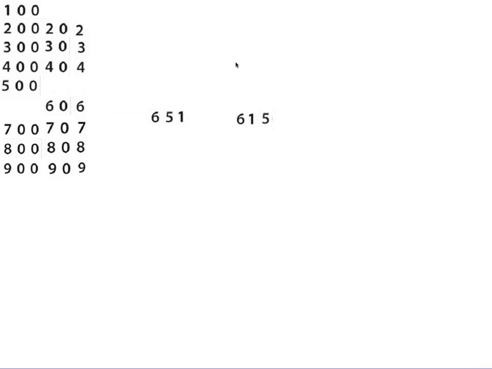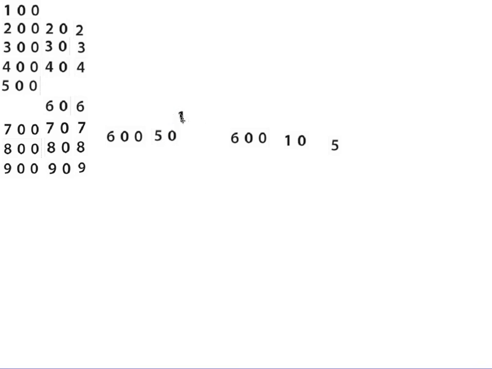Let's compare these numbers. These look a little bit more similar than the numbers we've been using. Both of these numbers have 600. So we need to be a little bit more careful this time. And if we expand our numbers all the way out, we have a 600 plus 10 plus 5. We have a 600 plus 50 plus 1.